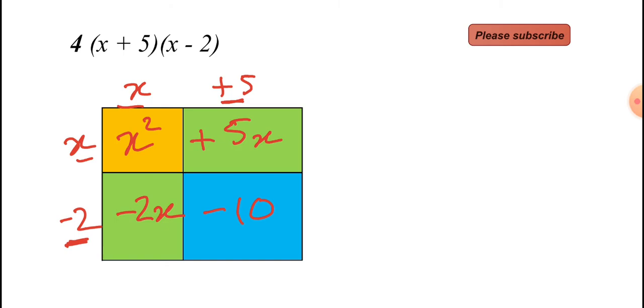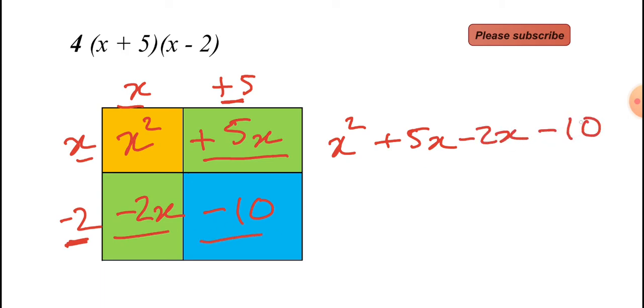So if I now copy it all out, the area of the yellow square is x square, then here I've got plus 5x, and then minus 2x, and then minus 10. So notice I'm collecting like terms here. So the x square, there's no like terms to collect, so I just copy that down, x square.